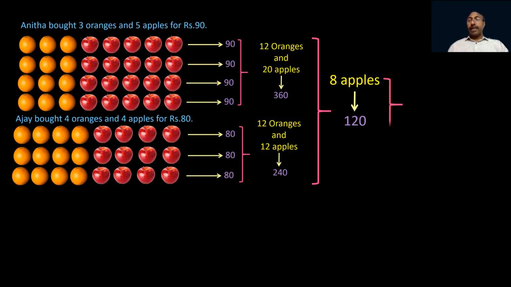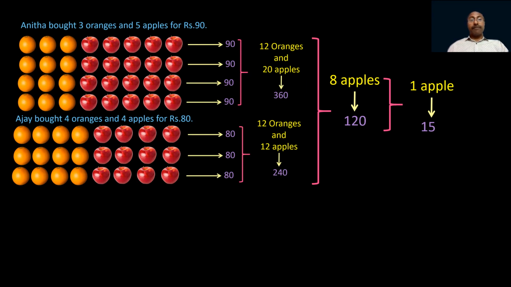Okay, that is, the cost of 8 apples is 120 rupees, and from these situations we can say that the cost of each apple is 120 by 8, which is equal to 15. So the cost of each apple is 15 rupees, and if we substitute this value in either of these two situations, take the situation for Anita: the cost of each apple is 15 and she bought 5 apples, so the cost of 5 apples is 5 15s, 75, and 90 minus 75 is 15.